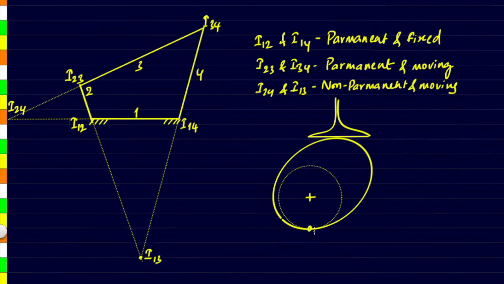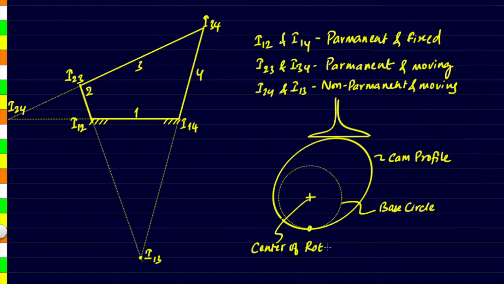This point here is the lowest position of the follower, so this circle here is the base circle. This is the cam profile. This is the center of rotation. This one is the follower.